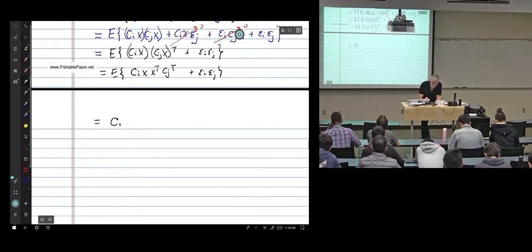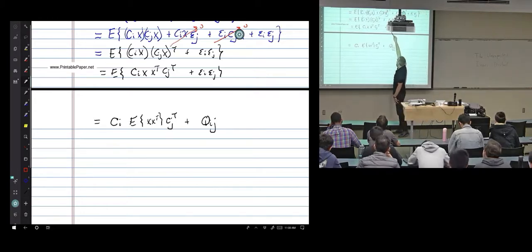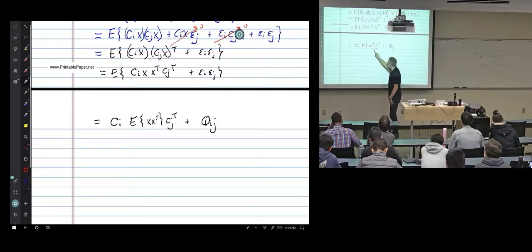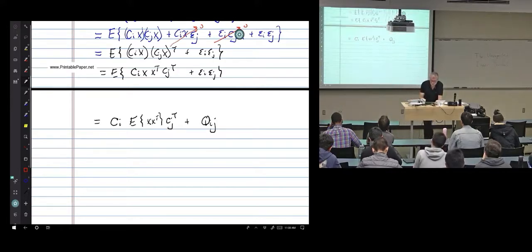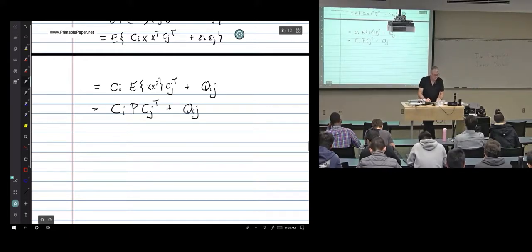So Ci comes out, expectation of x transpose, Cj transpose comes out, and then I have Qij for that term. Okay, so Qij is the inner product, the expectation of epsilon i epsilon j, and this is P. So this equals Ci P Cj transpose plus Qij.